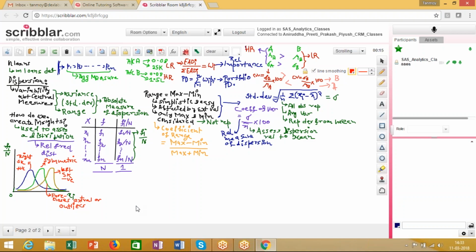Extreme values or outliers. Right. So there is a right skewed distribution and there is this left skewed distribution as well.